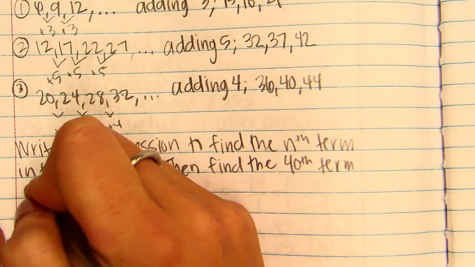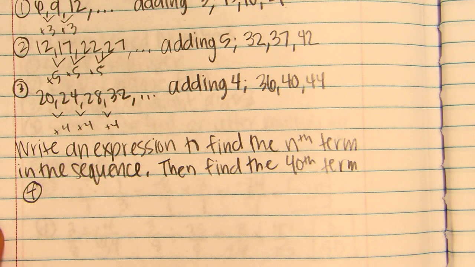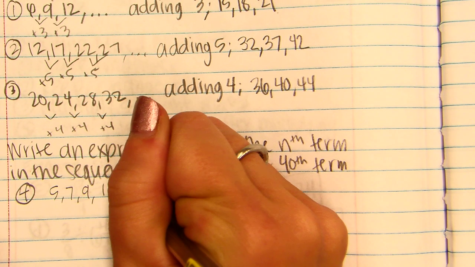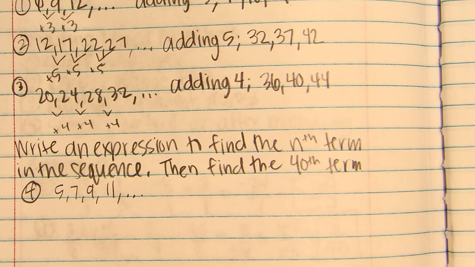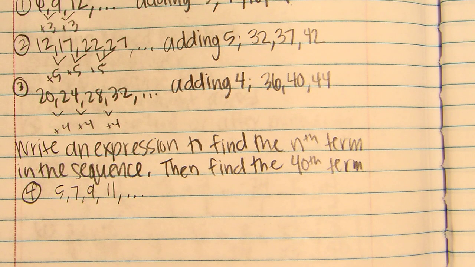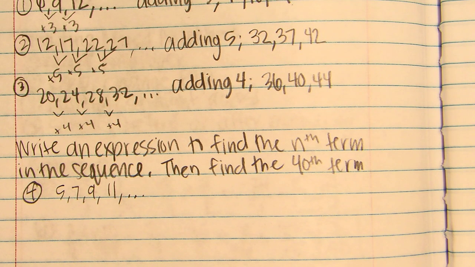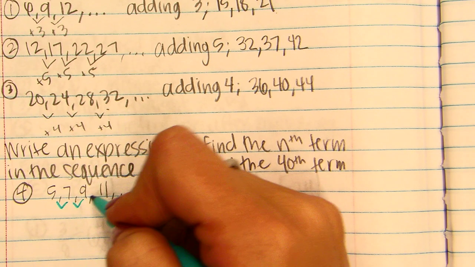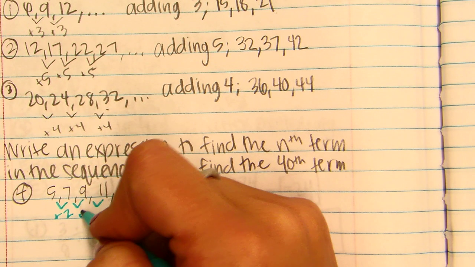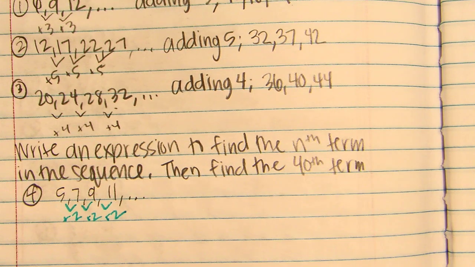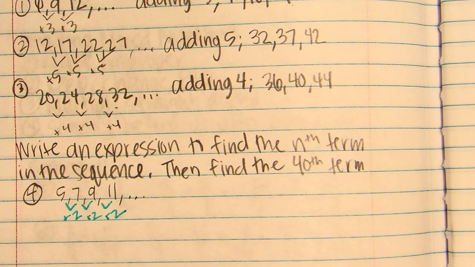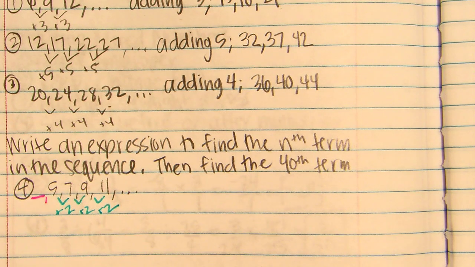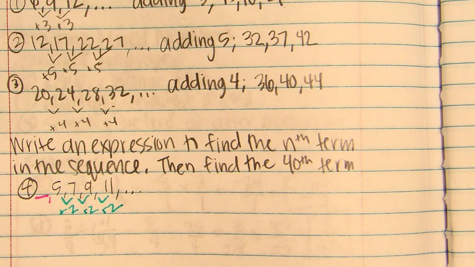So for example 4, let's say the pattern is 5, 7, 9, 11. So this is how I write my pattern, and this will always work. I first figure out what the pattern is, and on this one, my pattern is I'm adding 2 every time. And then I look for what would have come before this whole sequence started. If I added an extra term here before this whole sequence started, what number would go there?